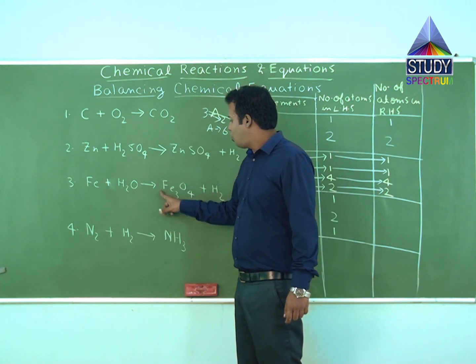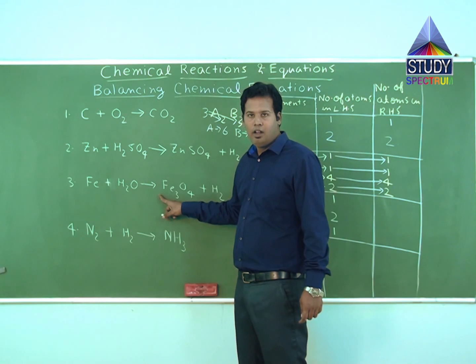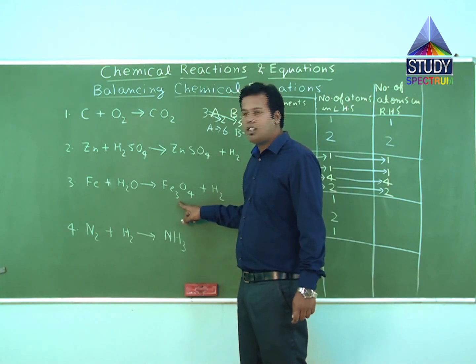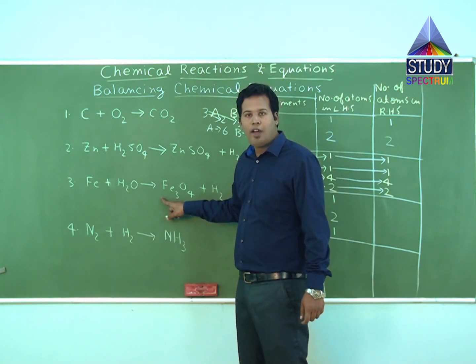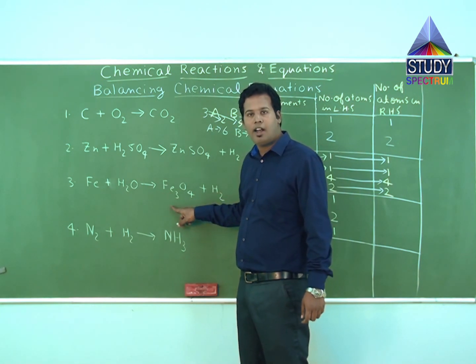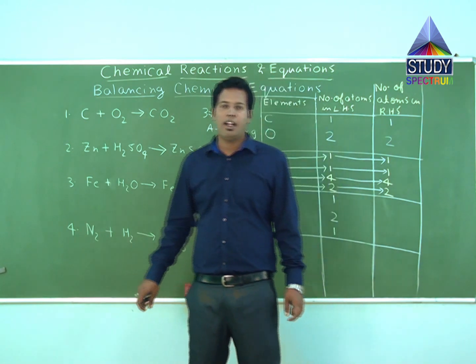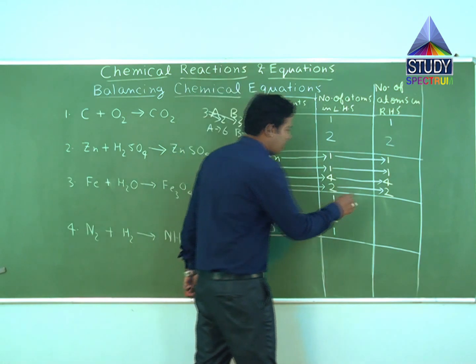Nothing has been written as the coefficient of this compound, so the coefficient of the compound is 1, and 3 is written as the suffix of iron. So number of atoms of iron in this compound will be coefficient of the compound into suffix of iron in this compound, that is 1 into 3. It means number of atoms of iron becomes 3.